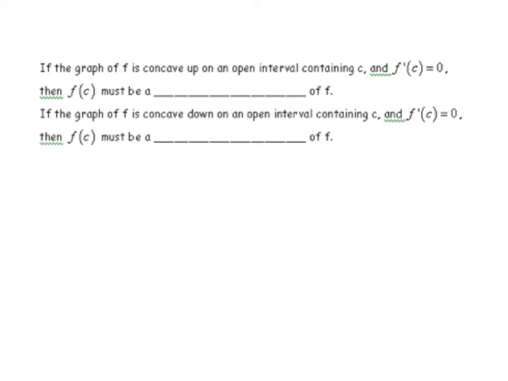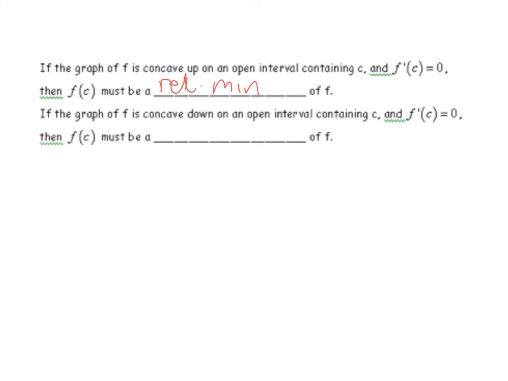If the graph of f, the beginning function, is concave up on an open interval and the first derivative is equal to 0, then f of c must be a relative min of the function. Let's think about that.